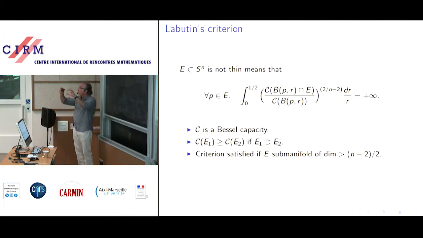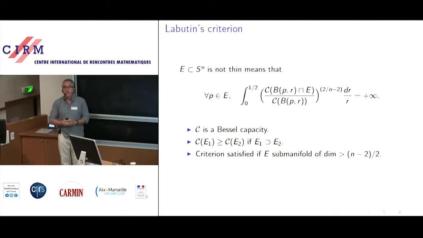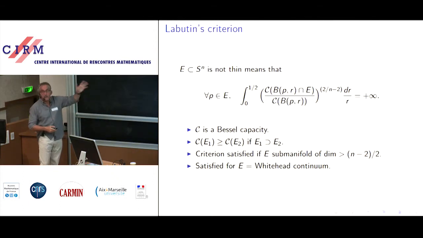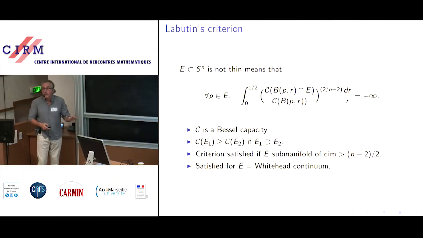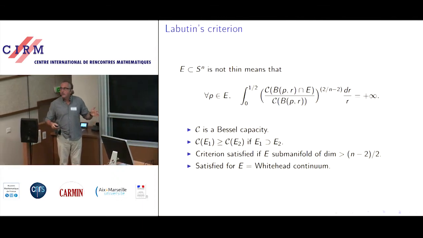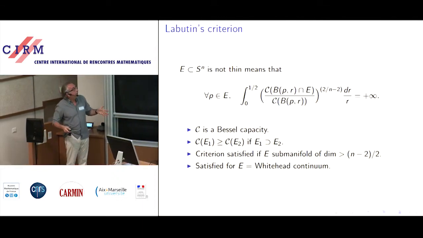So if you remember the picture of the Whitehead continuum, it was locally a standard Cantor set cross interval. So there are intervals inside, around every point. And we are in dimension 3, an interval is dimension 1, and 1 is greater than (3-2)/2. So just by this slight remark, we can show that indeed the criterion is satisfied for a Whitehead continuum, and this is the only positive answer to the question, what is the Riemannian geometry of the Whitehead manifold, that I know.